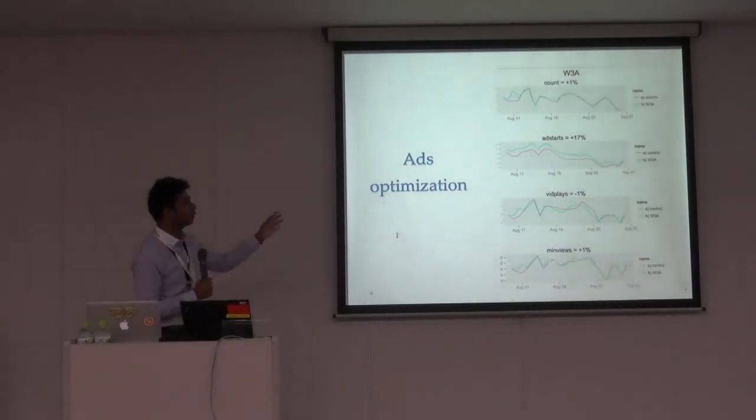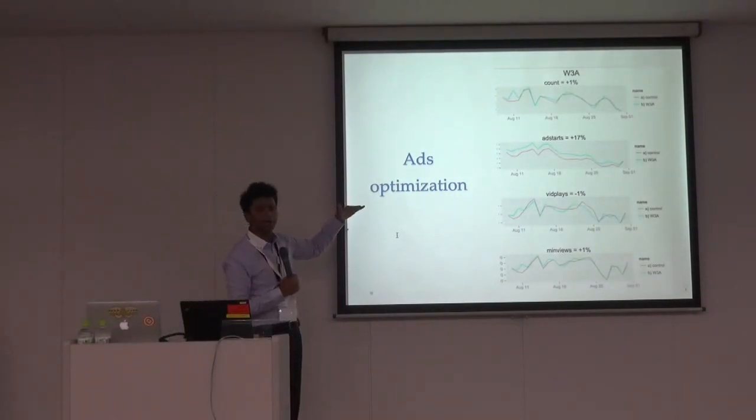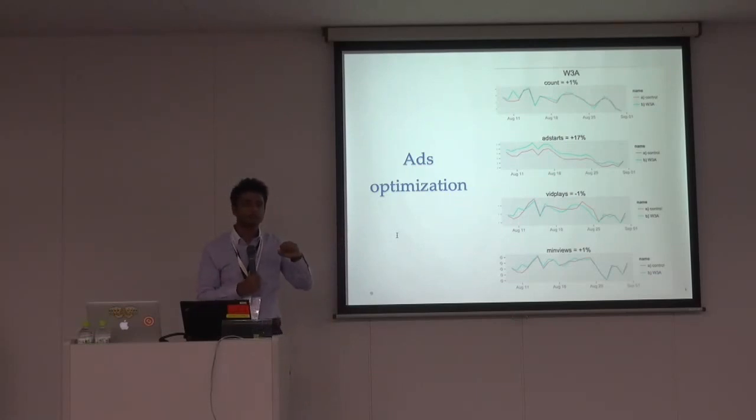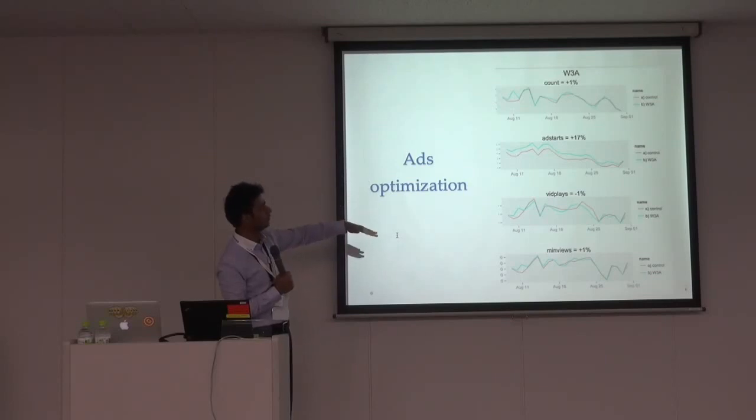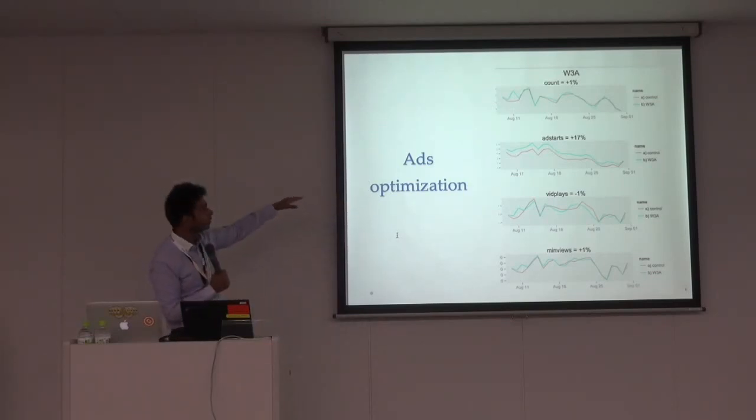As you can see, this is one of the experiments that's running, and we compare it to the control experiment, which is the base or original configuration. We looked at different things: the ad starts driven by the experiment versus the control. How did it affect the number of video plays or video starts?